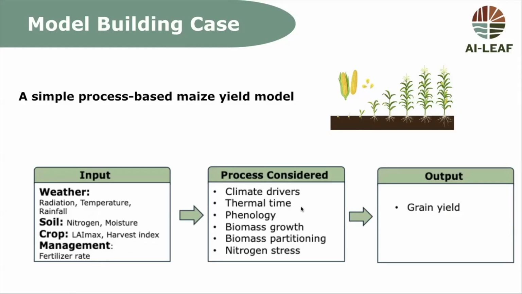Then in that model, we will consider the climate controls, the normal time, which is helpful for plant growth and phenology, biomass growth, biomass partition to the grain, and also the nitrogen limitations. The single output is grain.